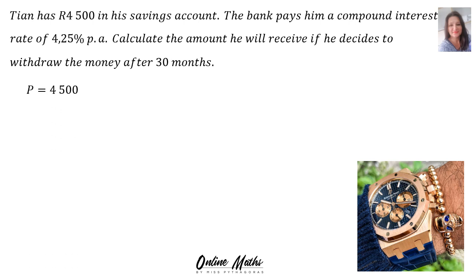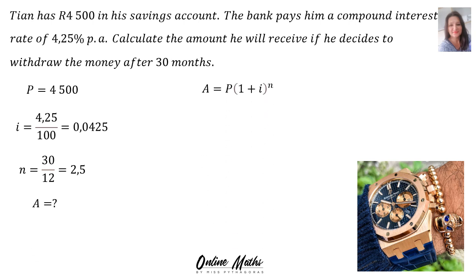The summary: P is 4,500. i is 4.25 divided by 100 equals 0.0425. n is 30 months, but remember n has to be in years. Therefore n, you will say 30 divided by 12 equals 2.5. A, that's what we're looking for.